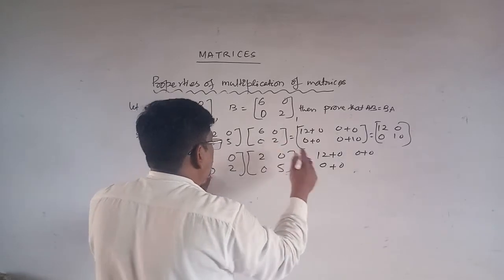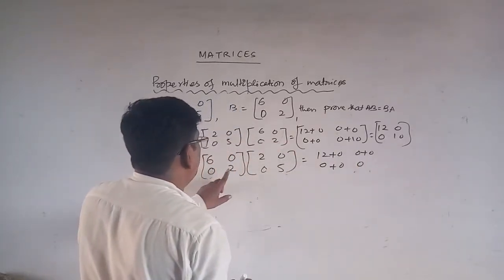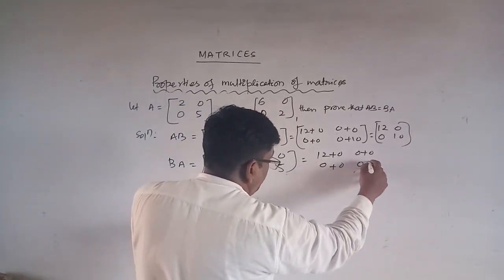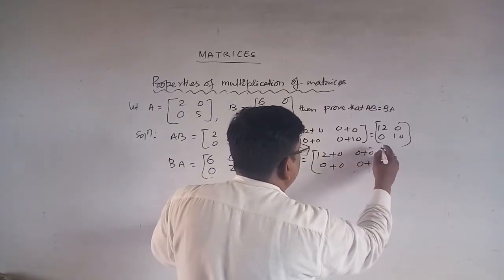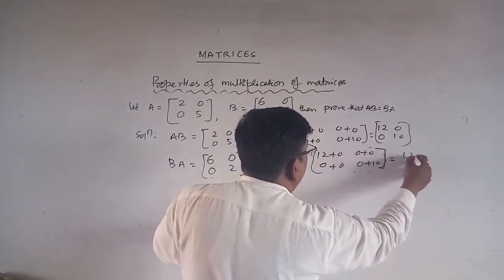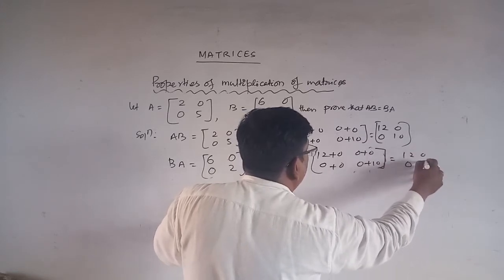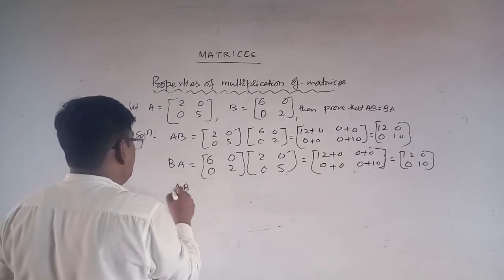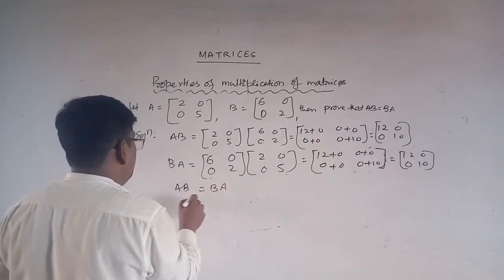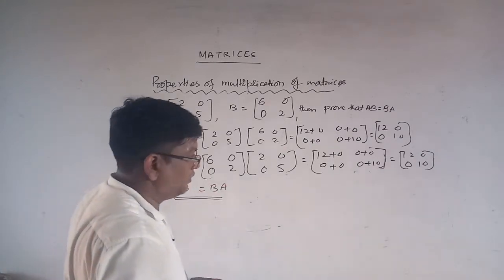So 0 into 0, 0, plus 2 into 5, 10. This is equal to [12, 0; 0, 10]. Here AB is equal to BA.